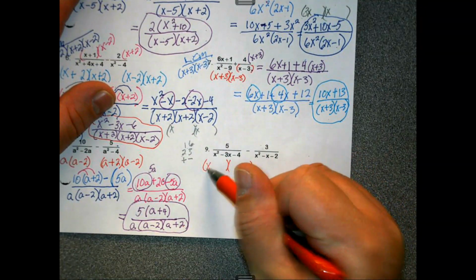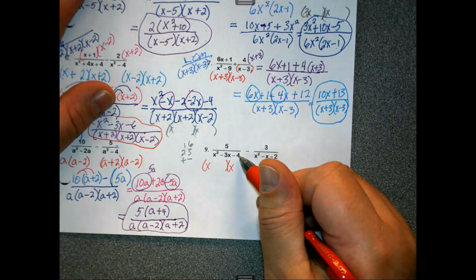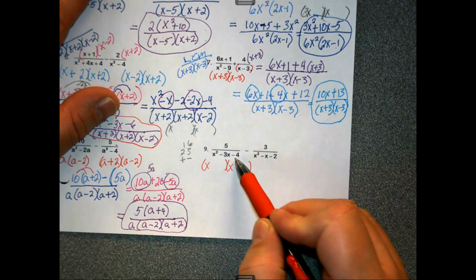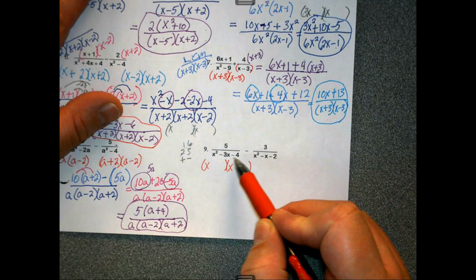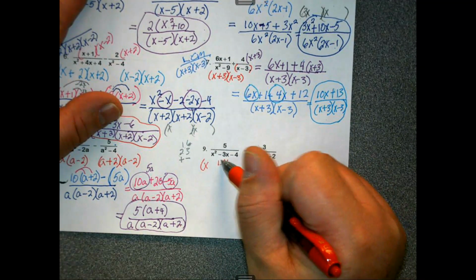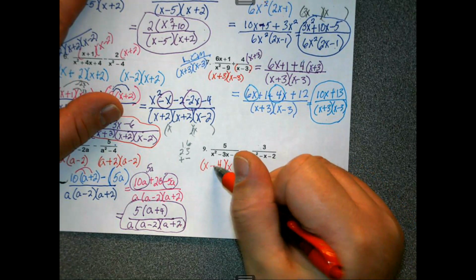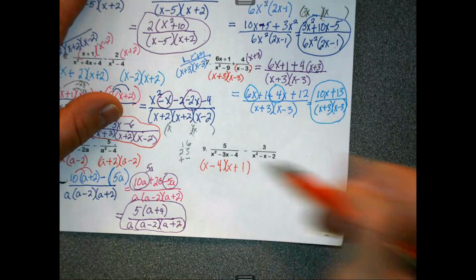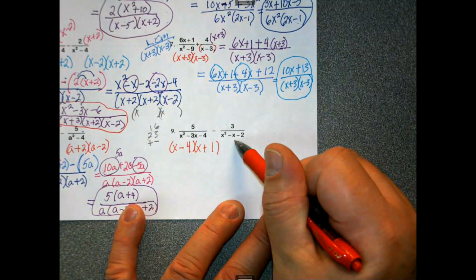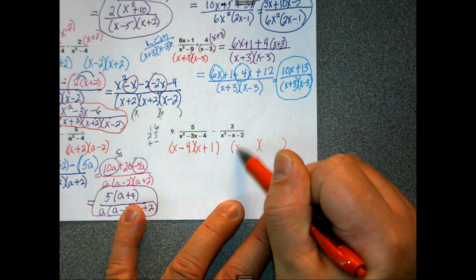Okay, x times x. I have plus or minus 4, and it's negative, so I'm going to be subtracting the factors to get a 3. So 4 minus 1 is 3. The bigger number has to be negative because we want a negative 3. Factor the other fraction, x.